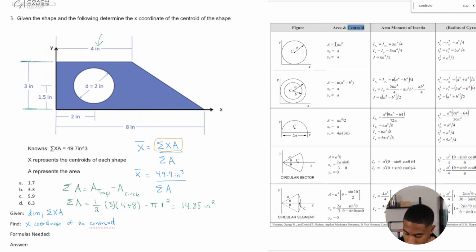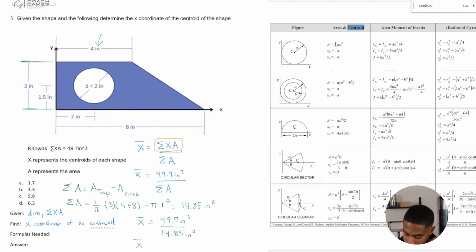All right, and so our x bar is going to equal 49.7 inches to the third over our sum of A, which is 14.85 inches squared.